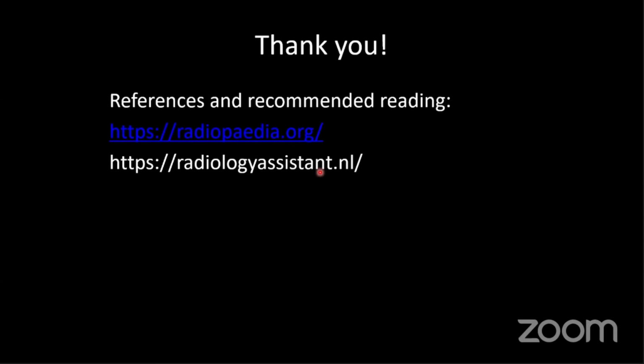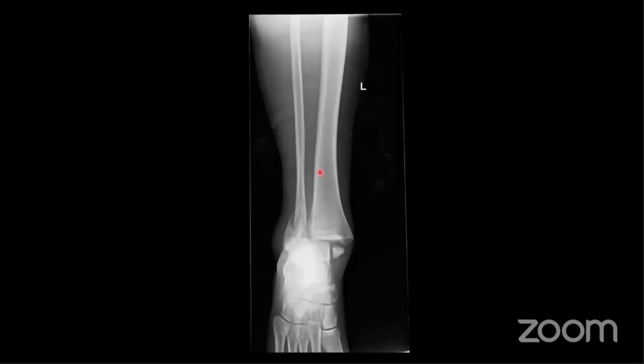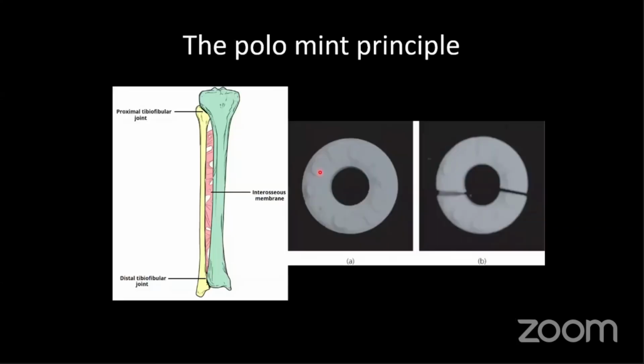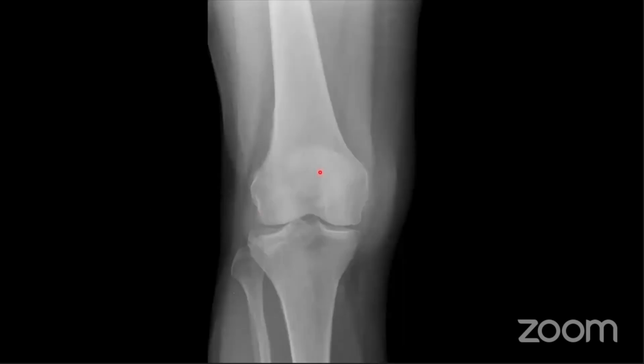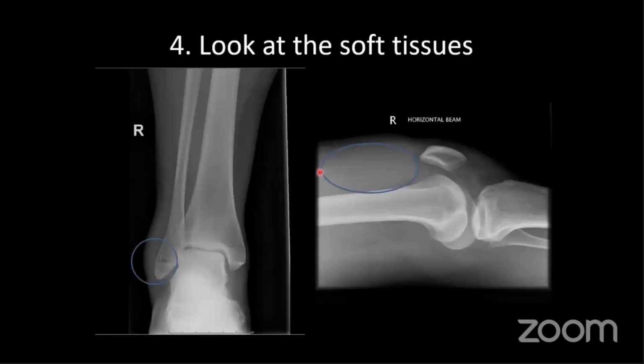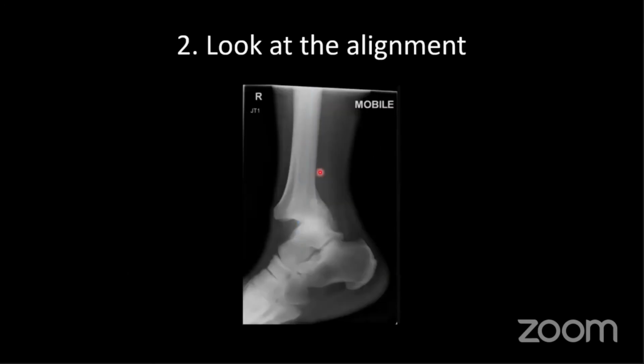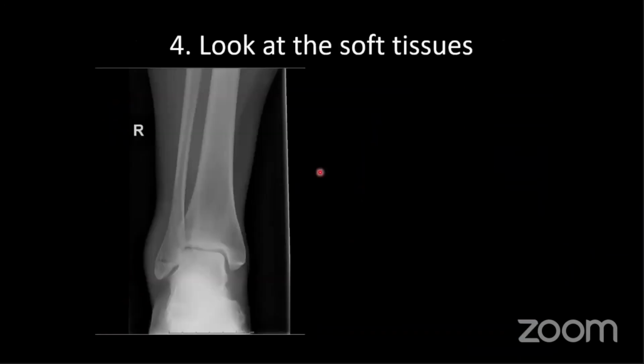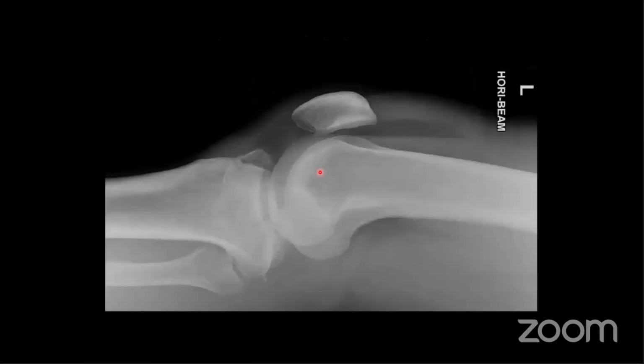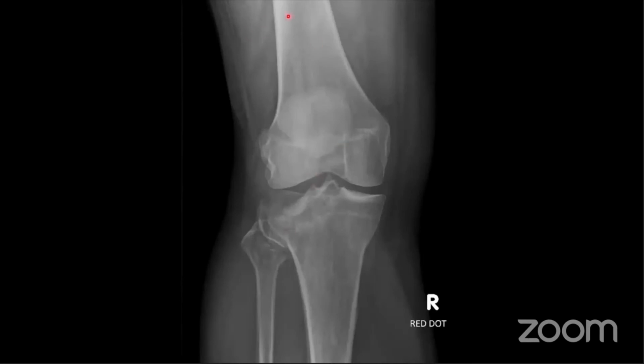Oh, sorry, what's red dot? So literally all it is, when you look at the X-ray, let me find you an example. So say you're looking at this X-ray, it'll say which side it is, and it will literally say the words red dot in the corner.